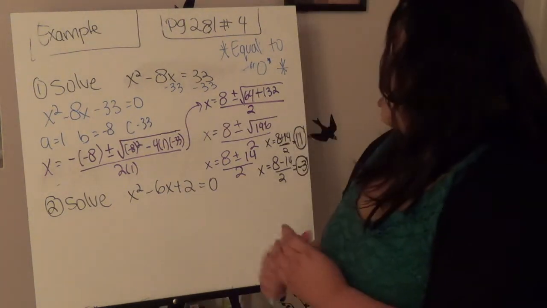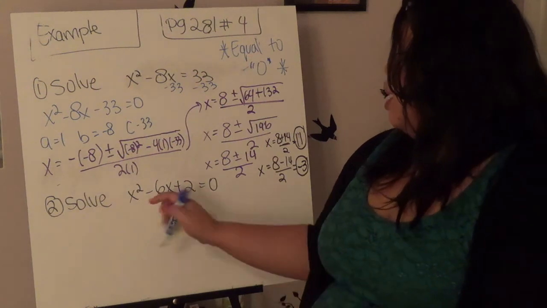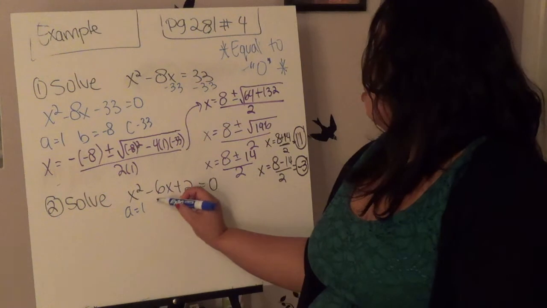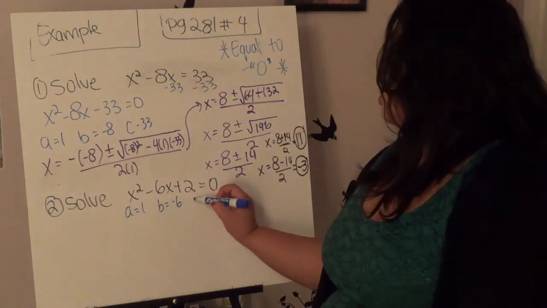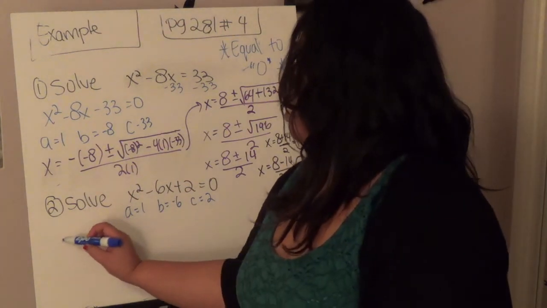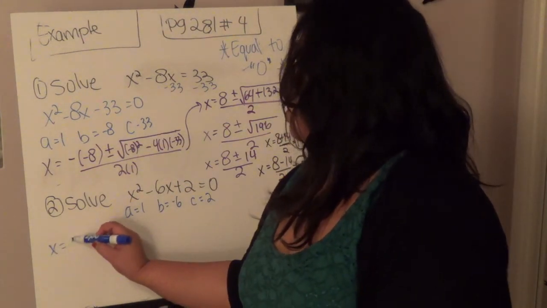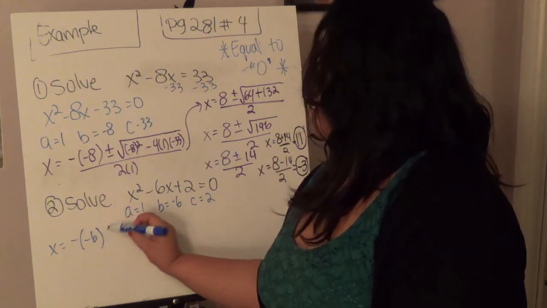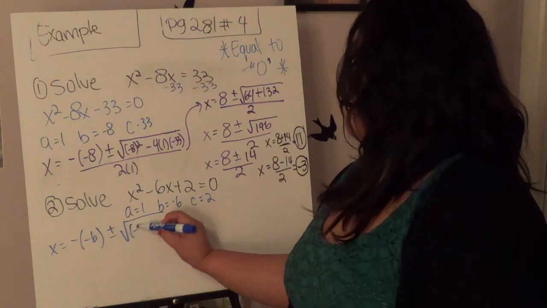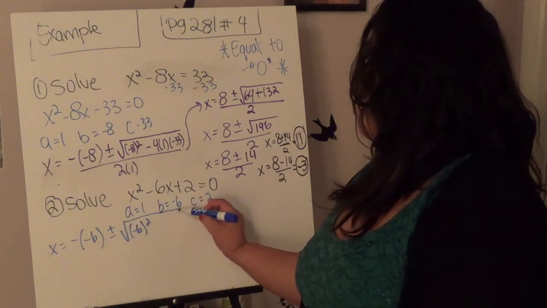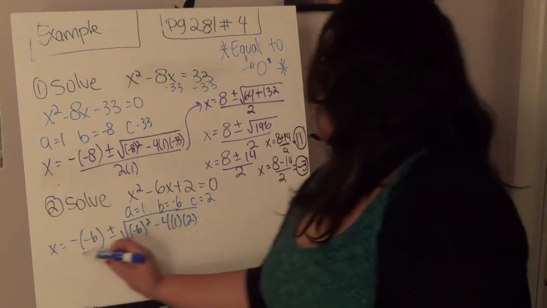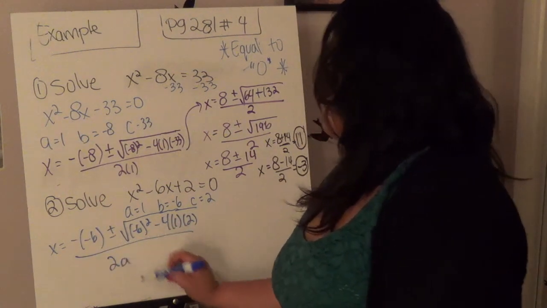This one, A is 1, B is negative 6, and C is 2. This one is x equals negative b plus or minus the square root of b squared, negative 6 squared, minus 4 times a times c, all over 2a.